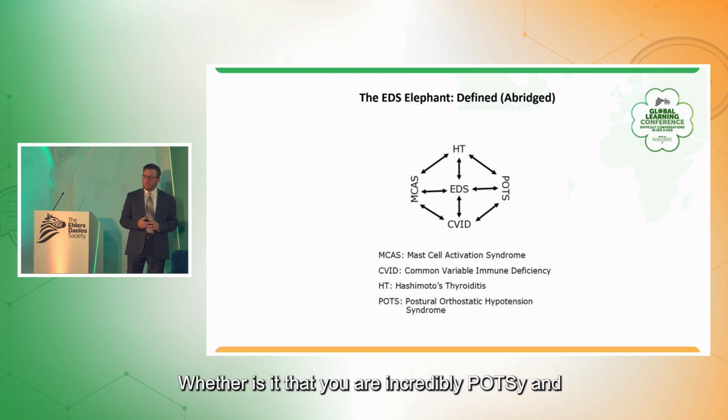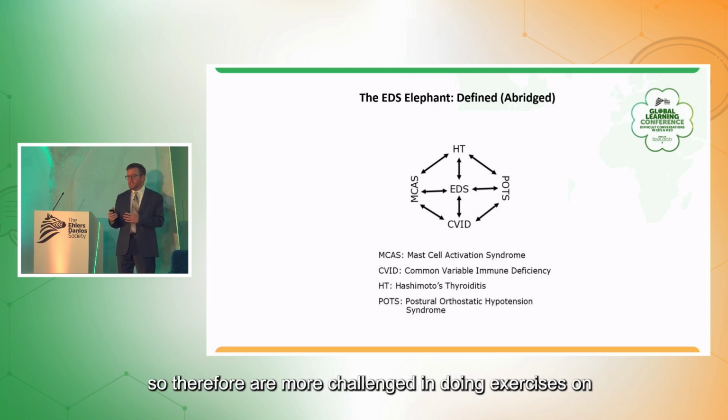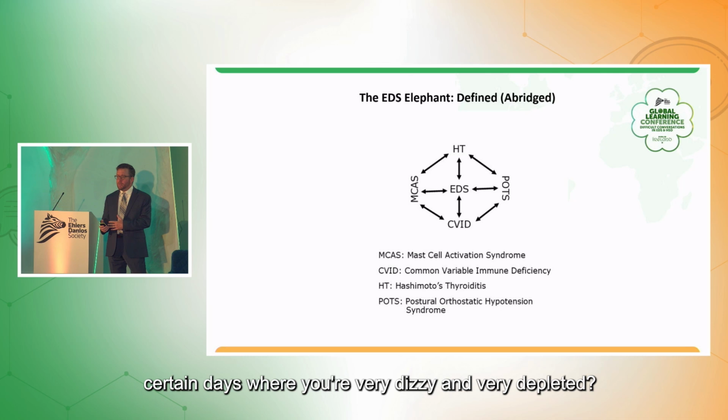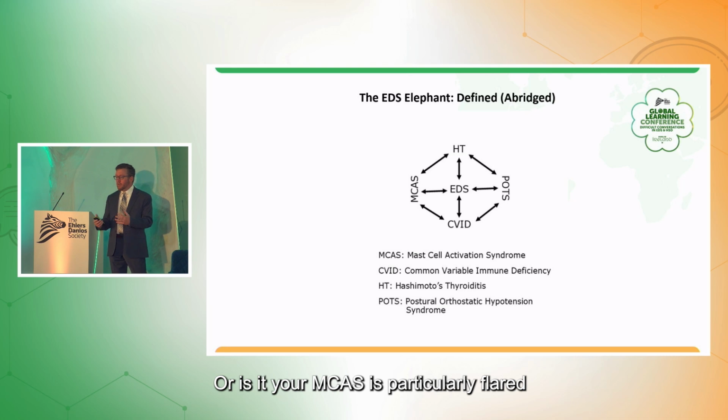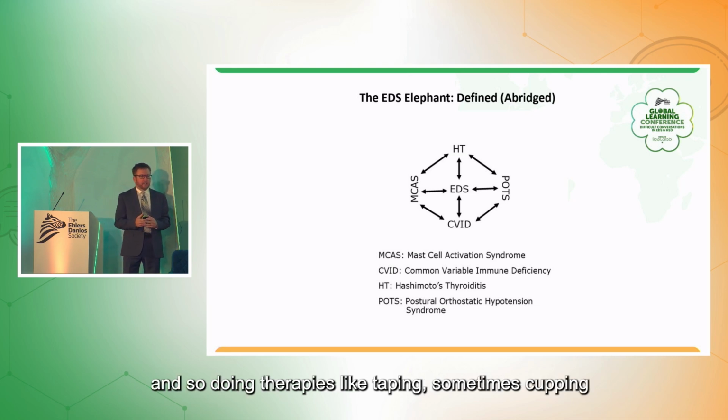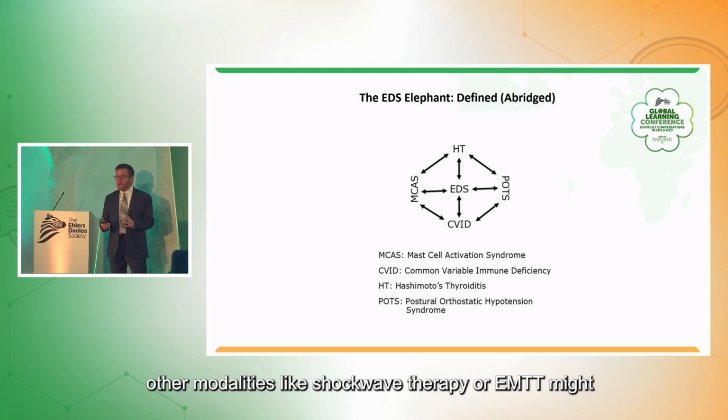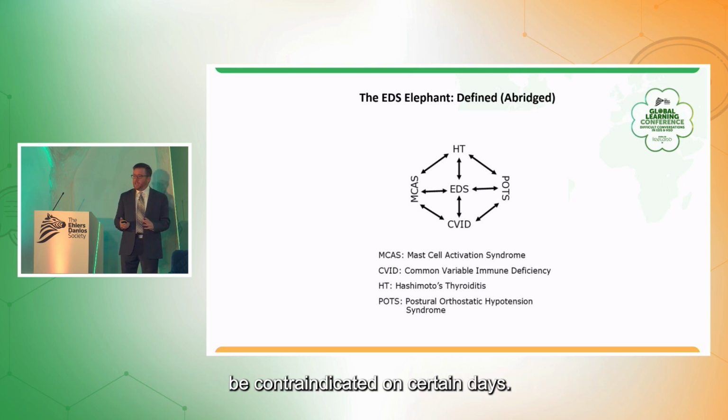Whether it is that you are incredibly potsy, and so therefore are more challenged in doing exercises on certain days where you're very dizzy and very depleted, or is it your MCAS is particularly flared, and so doing therapies like taping, sometimes cupping, other modalities like shockwave therapy or EMTT might be contraindicated on certain days.